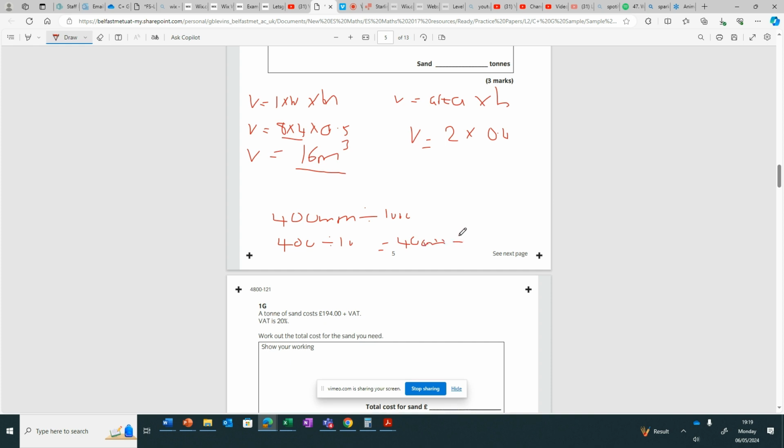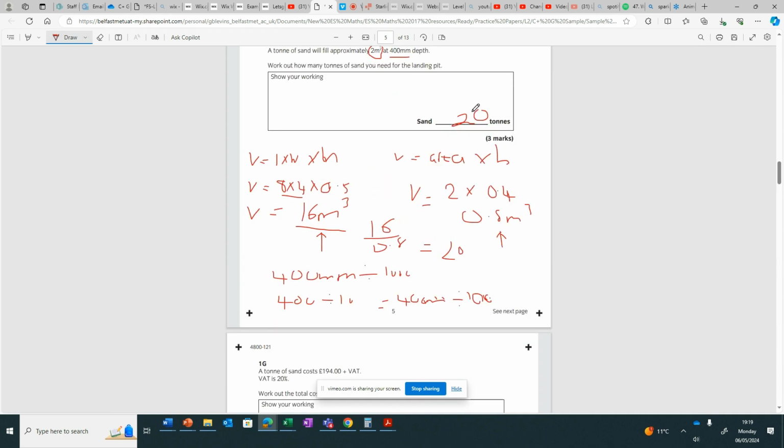You'll end up in the same place. 2 times 0.4 is 0.8 meters cubed. So what we're doing is we're taking our sand pit and we're seeing how many of these bags of sand go into it, and that's divide. 16 divided by 0.8 equals 20. So we need 20 tons.